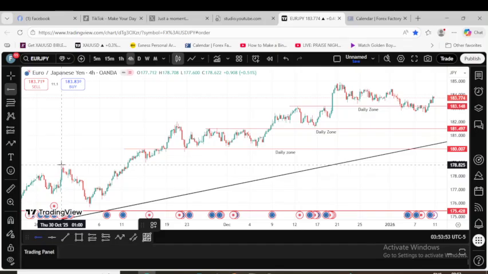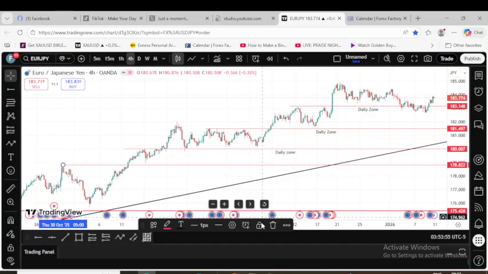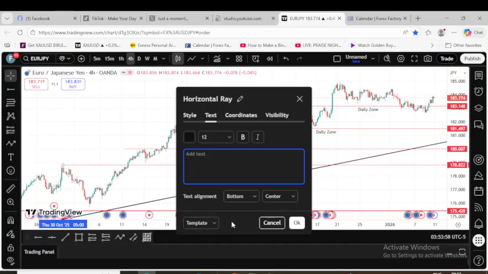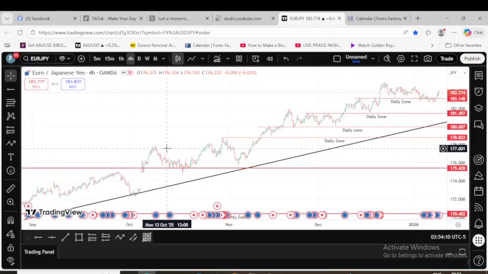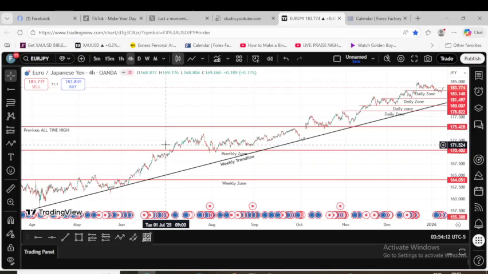There's even still one here. It might just be my imagination, but this is kind of looking like an impulsive correction where price is constantly finding support on the previous resistance. But then again, that's exactly what zones are supposed to be.